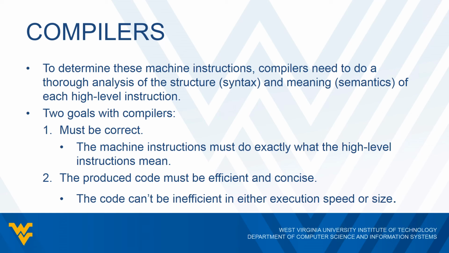They might not care whether the compiler eliminates every wasted nanosecond or every unnecessary memory cell, but they do want it to produce reasonably fast and efficient machine language code. So, it may be correct, but it doesn't do us much good if it's going to run a lot slower in the translated language. So we want to make sure that it is at least reasonably efficient in terms of the speed and the size of the program.